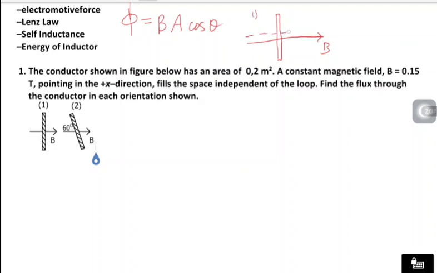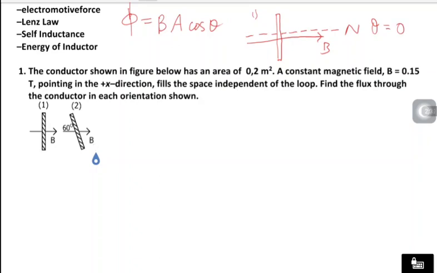The normal line is a line which is perpendicular with the surface. We see the normal line and the magnetic field line B are parallel, so the angle is 0.